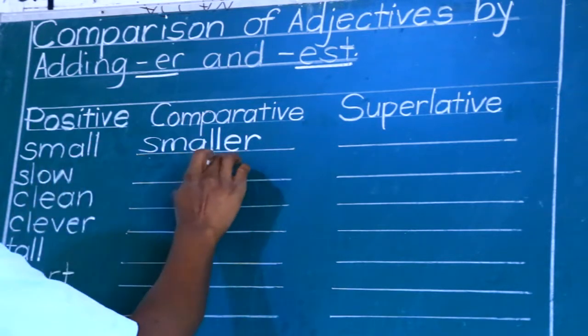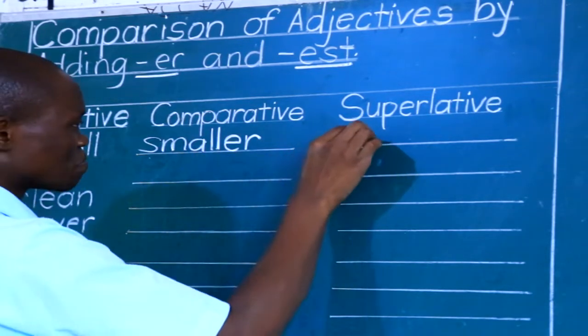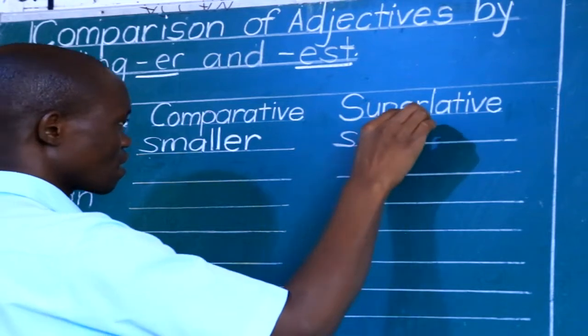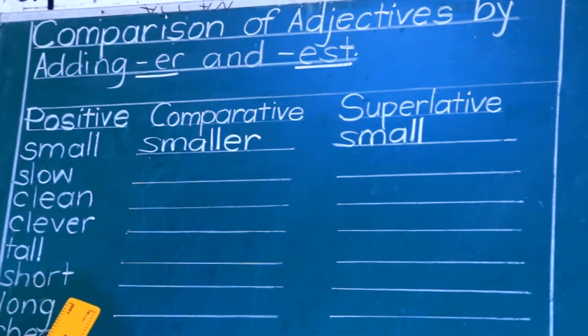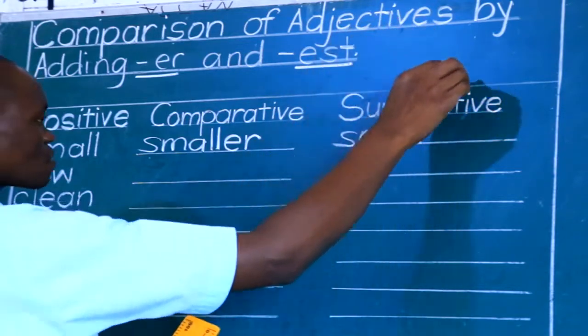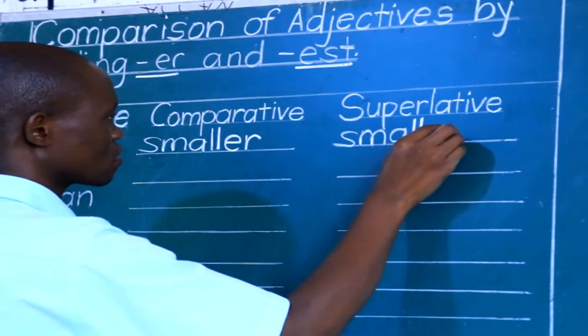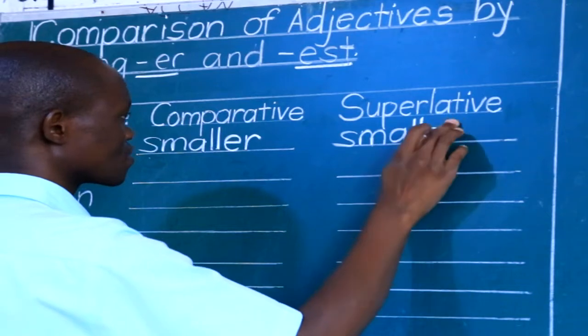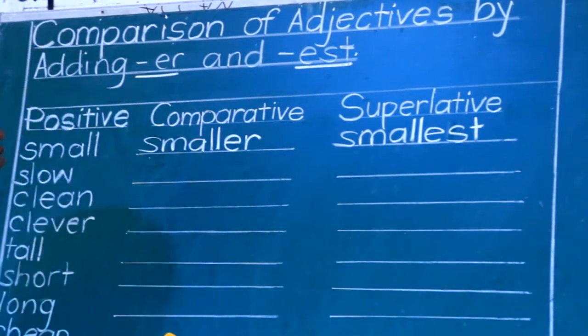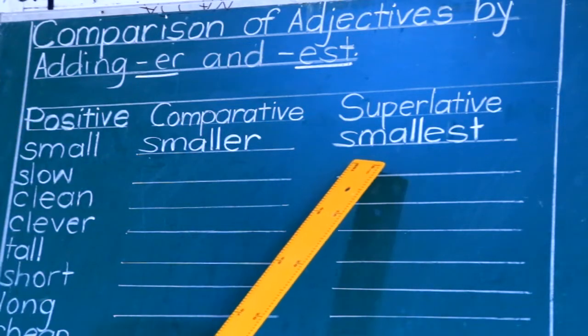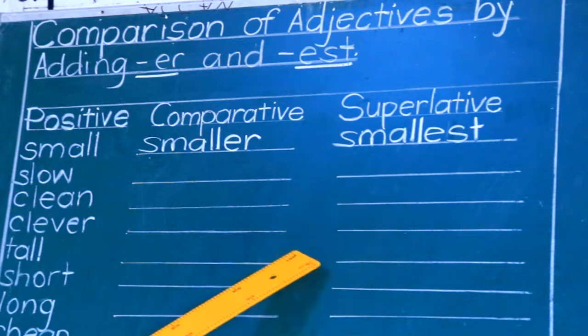Small, smaller, then write small, as I have done, with this double L at the end. What are we going to add? Bring these 3 letters at the end of small: not ER, EST. Meaning you have formed the word smallest here. So smallest is the superlative form of small.